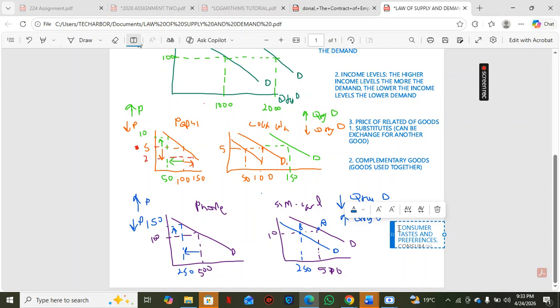But if something goes out of fashion, or it's no longer trending, people are not buying that good, and demand for that good is going to drop. So yes, consumer tastes and preferences. For example, the Walkman.